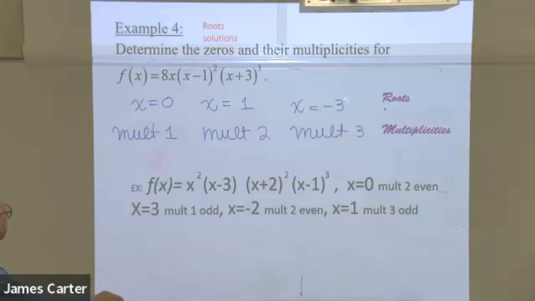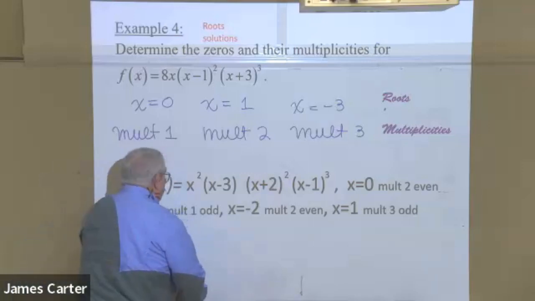This one's going to give us a value to graph of -3. Now, that is a multiplicity 1, means that that's going to be a crossing point. This multiplicity of 2 is going to be a touch and go point. This multiplicity of 3 is going to be a crossing point.